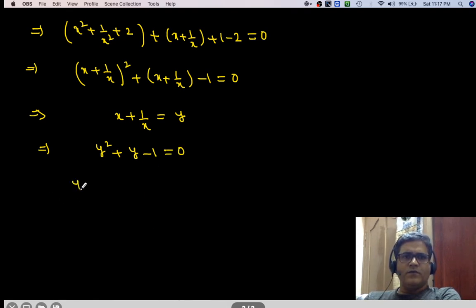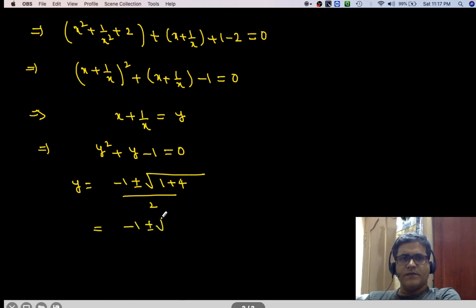Now the roots of this quadratic are minus 1 plus or minus the square root of b square minus 4ac, that is 1 plus 5, by 2. So this is equal to minus 1 plus or minus square root 5 by 2. So these are the solutions, that is y1 and y2, for this quadratic equation.